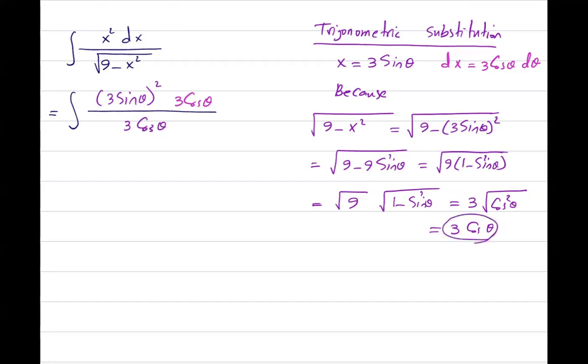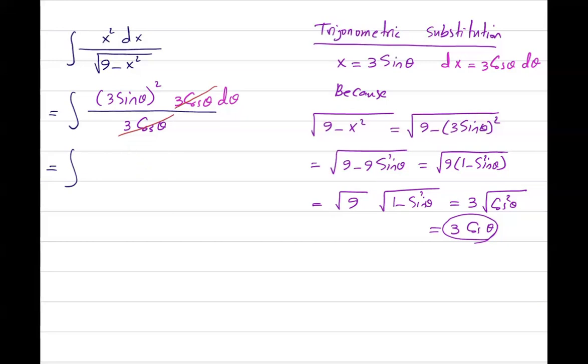So this is a nice integral. Why is that? I can cancel out, don't forget d theta, I can easily cancel out 3 cosine theta, and it becomes a nice integral, which is the integral of 9 sine squared theta d theta.